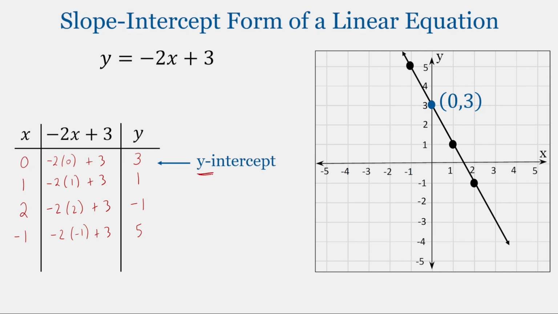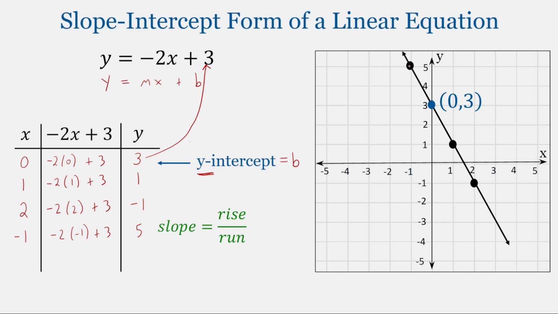Now we already found our y-intercept. So when we're looking at the slope-intercept form, we have y equal to mx plus b. And this b right here is the y-intercept. The y-intercept is 3. Now let's look at slope. The slope is the rise over the run. So we can pick any point.